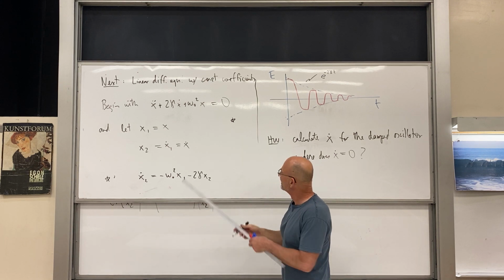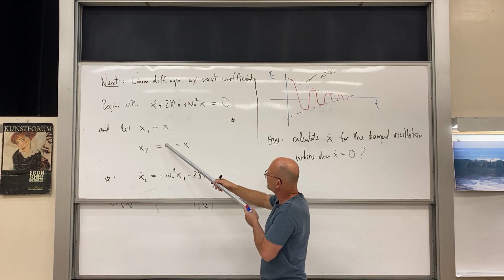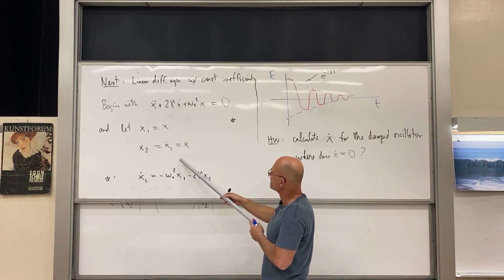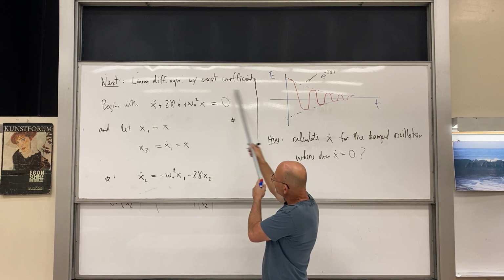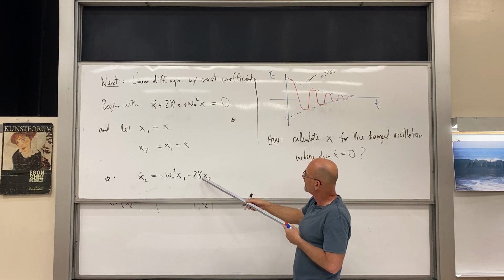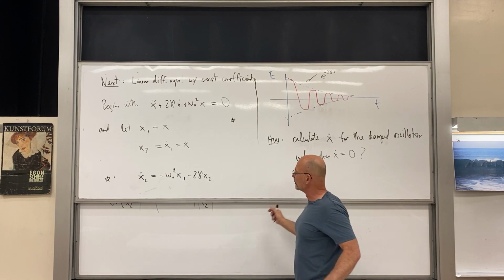That is this differential equation. So x2 dot, that's x double dot. And I bring these over to the other side, minus 2 gamma x2 dot minus omega naught squared x1. So we have that.